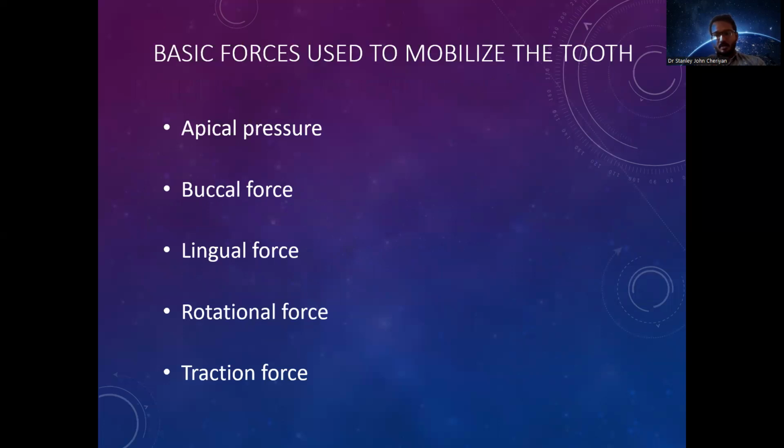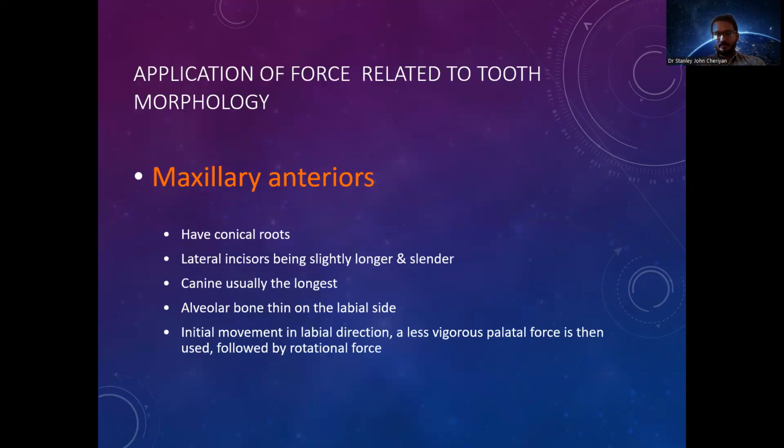So the basic forces that we apply are the initial apical force that you apply on a tooth. You engage the forceps as apical as possible, then the buccal force, lingual force, rotational force, and frictional force. For maxillary anteriors, you can extract using rotational movement, buccal and palatal movement.